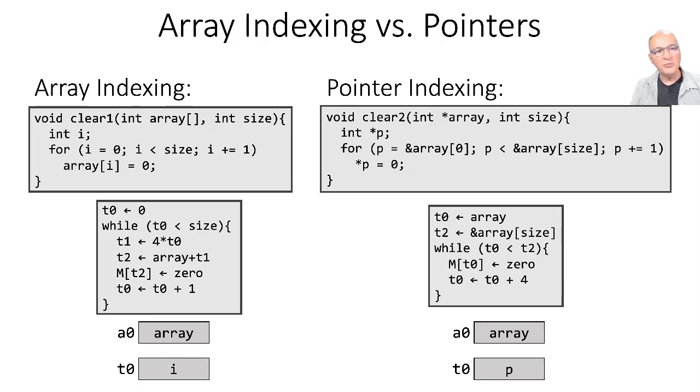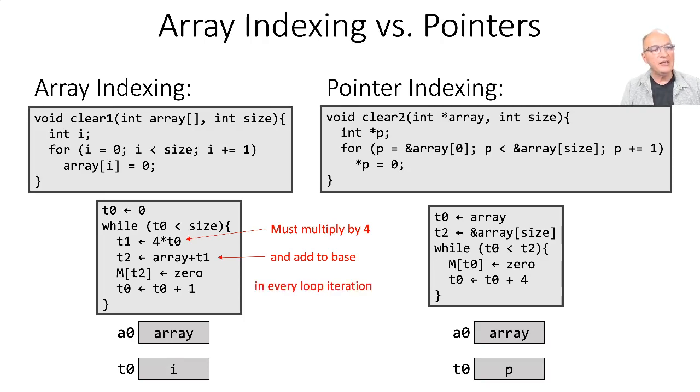So let's make a few observations about these two codes that we just generated. The one on the left is based on array indexing. The one on the right is based on pointer indexing. The first thing to note is that in the case of array indexing, I must multiply by 4 and add the result to the base in every loop iteration.